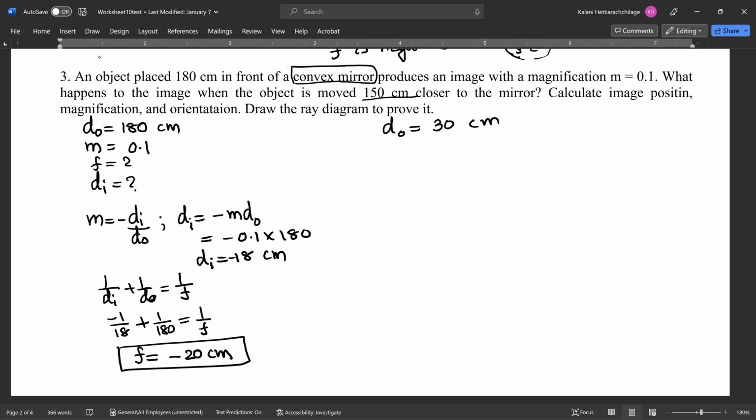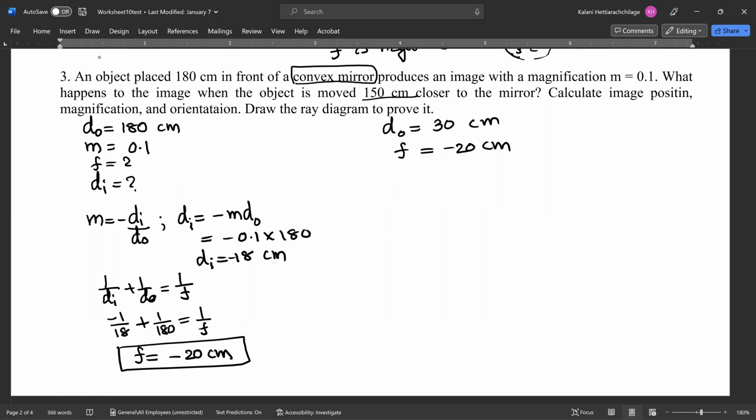Okay, so now we're going to move into the second case. In the second case, you are still going to use the same mirror, F equal to negative 20 centimeters, but you're going to change the object position. Now it's asking what will be the image position, magnification, and orientation, right? We need to find everything for that part.